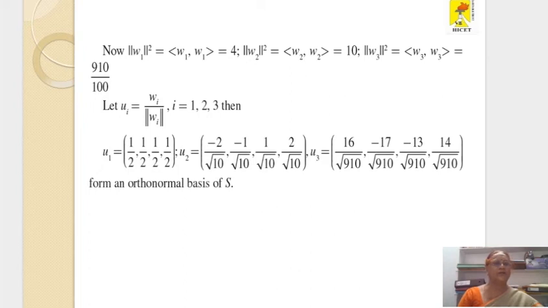Then the orthonormal basis is Ui equal to Wi by norm Wi. Then substitute all the Wi values, U1, U2, U3, everything we can find out using the above values, and this will form an orthonormal basis of S.